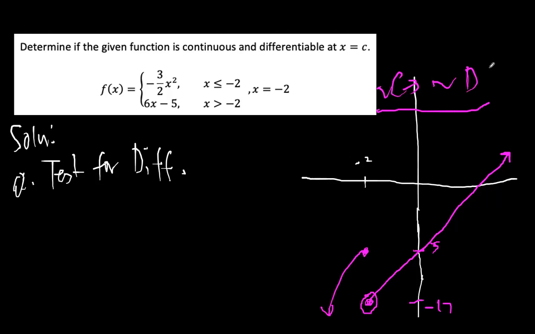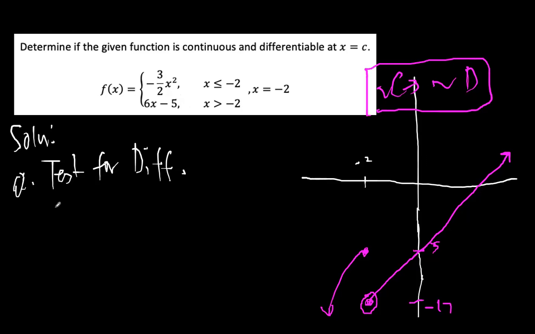So we have already answered the problem, but it's better to show it mathematically by using algebra, okay? The graph is part of the solution, but we better do it this way. At least we have a guide here. All right, so we know that it should be non-differentiable, okay?